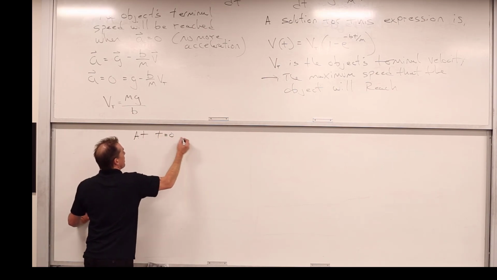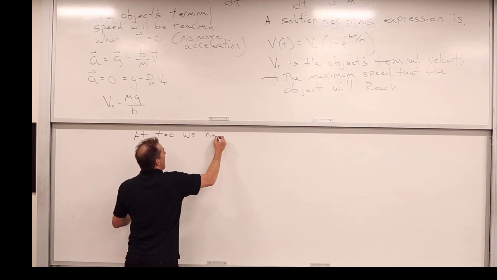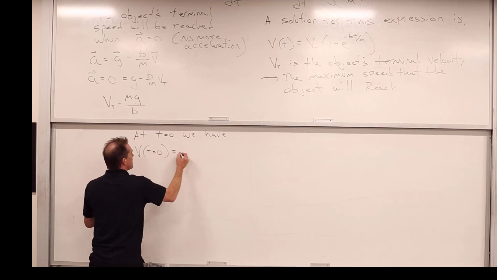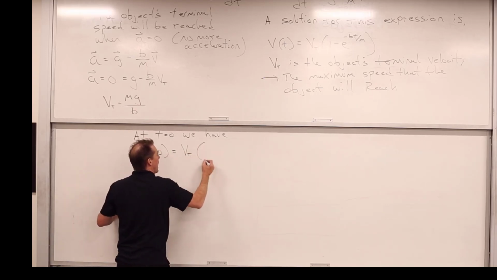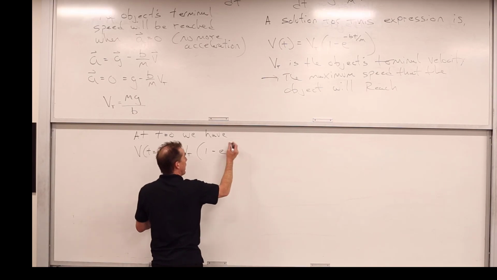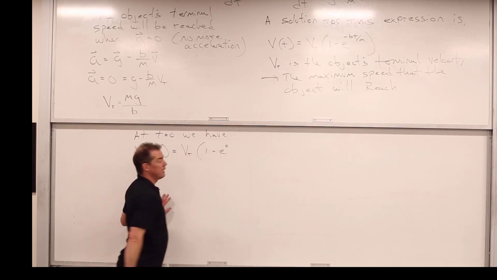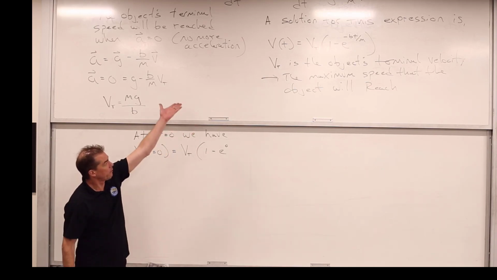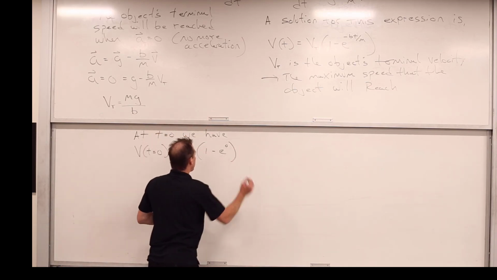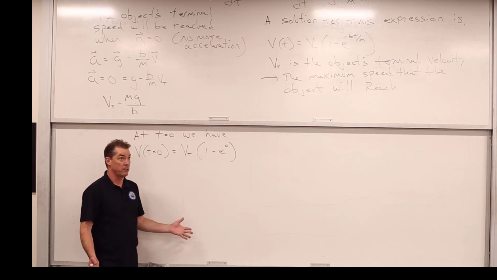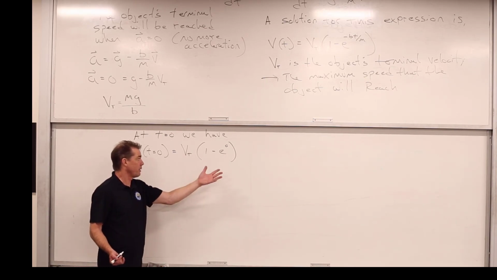At t equals 0, we have v of t equals 0 is equal to v sub t times 1 minus e to the negative bt over m. Well, that's going to be e to the 0. At t equals 0, we just throw in the 0 up there. What's 1 minus e to the 0? It's going to be equal to 0 because e to the 0 is equal to 1.